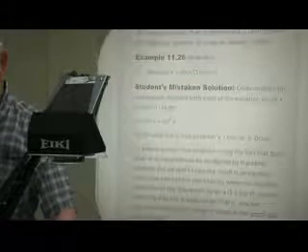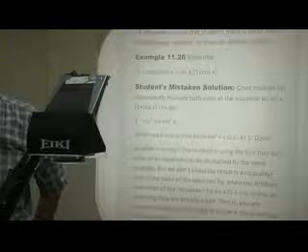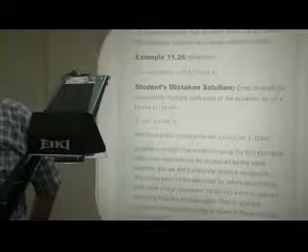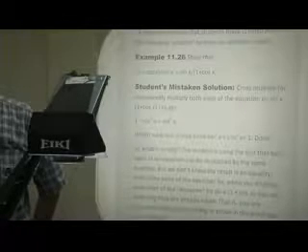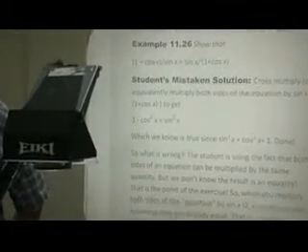Example 11.26. Show that (1 minus cosine x) over sine x is sine x over (1 plus cosine x). Students' mistaken solution. Cross multiply, or equivalently multiply both sides of the equation by sine x times (1 plus cosine x) to get 1 minus cosine squared x is sine squared x, which we know is true since sine squared plus cosine squared equals 1.